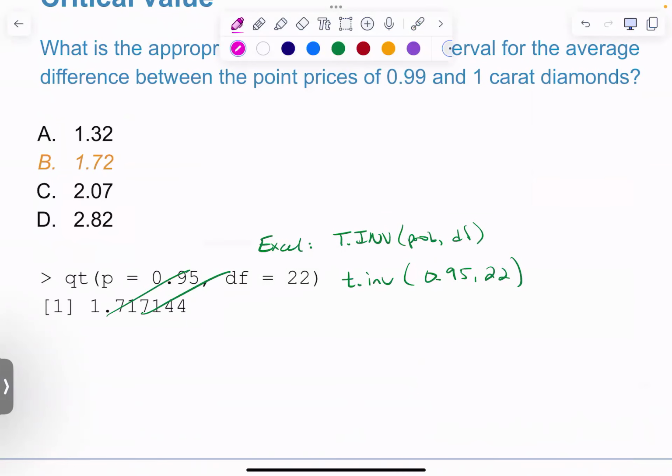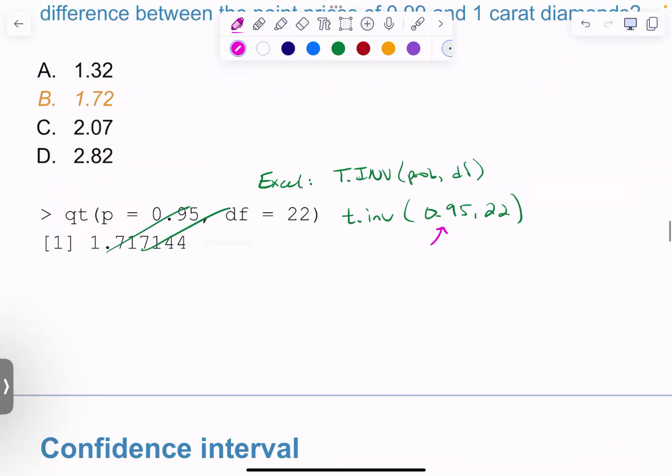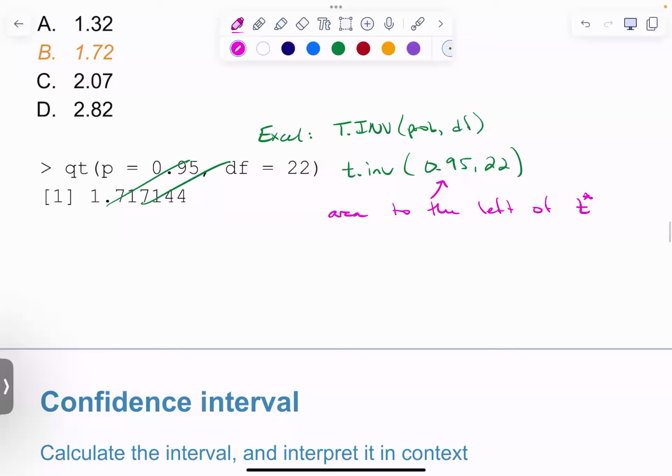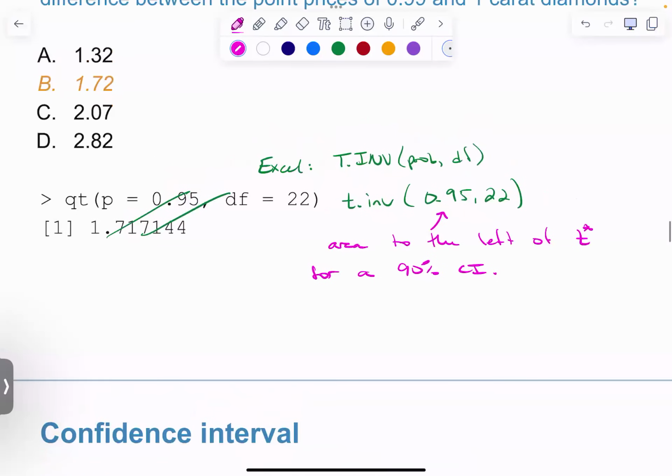So here, this is the area to the left of t star for a 90% confidence interval. But you would get the same number.